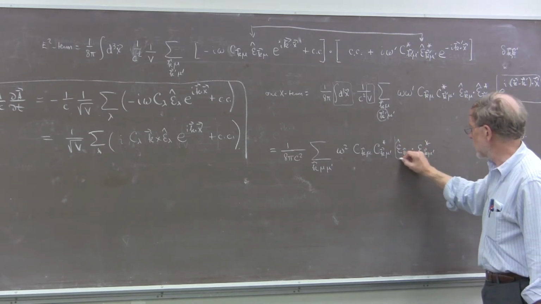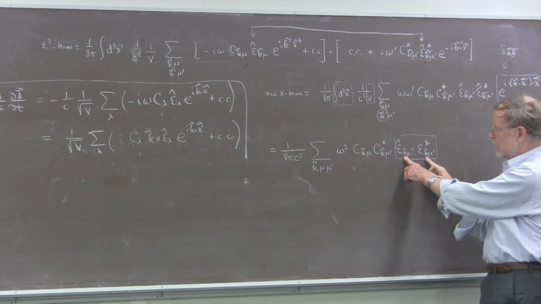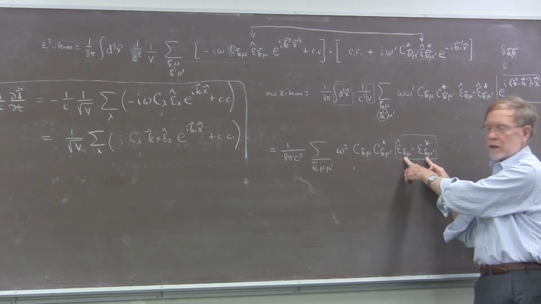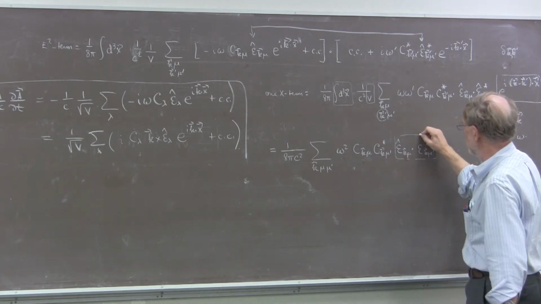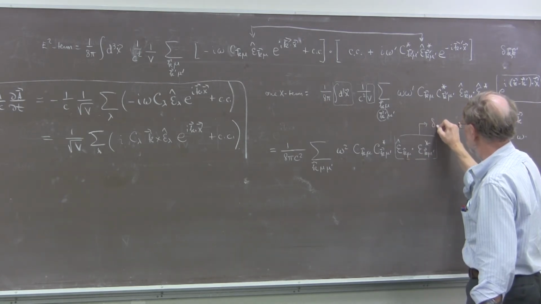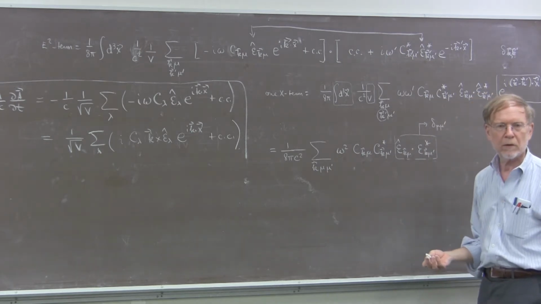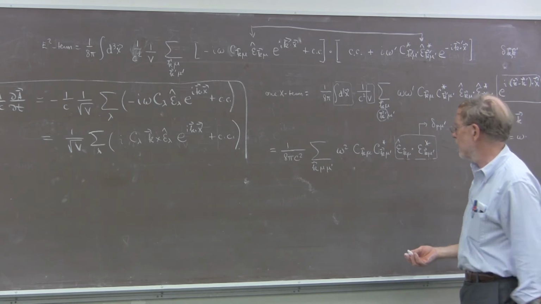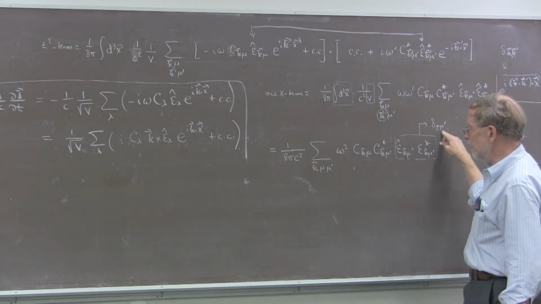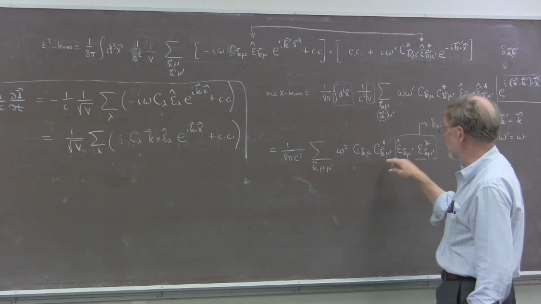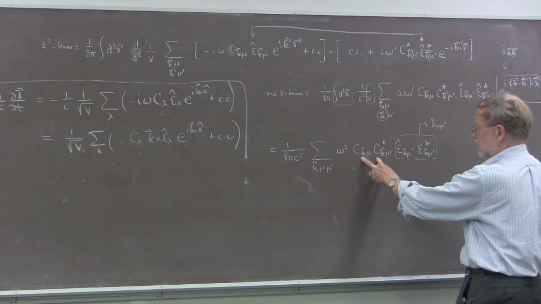Now the next step is that these polarization vectors both have the same k values, so they refer to polarization vectors in one and the same transverse plane. By orthonormality, the dot product is just a Kronecker delta in mu and mu prime, because our polarization vectors are orthonormal in the transverse plane. Replacing it by the Kronecker delta means we can do the mu prime sum, replacing all mu primes by mu, and now the indices in the c and c star are the same.